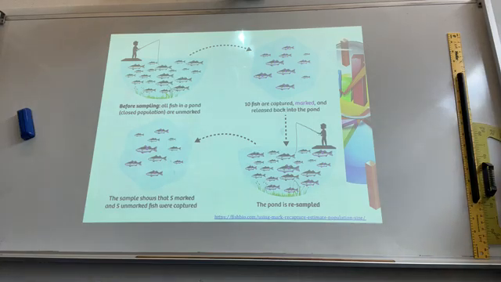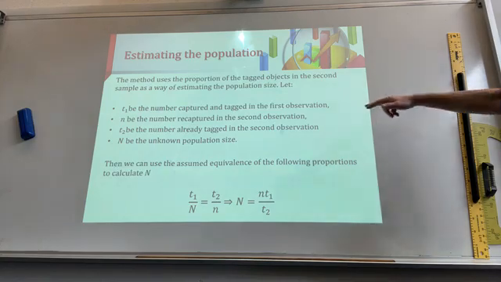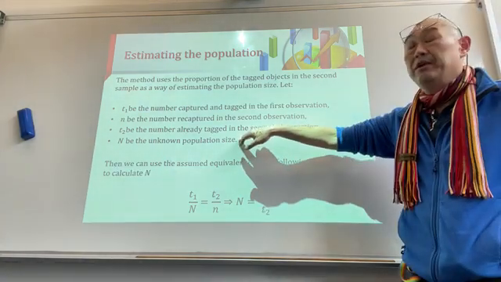So in estimating the population, the method uses the proportion of the tagged objects in the second sample as a way of estimating the population size. Let T1 be the number captured and tagged in the first observation, small n the number recaptured in the second observation, T2 the number already tagged in the second observation, and N the unknown population size.